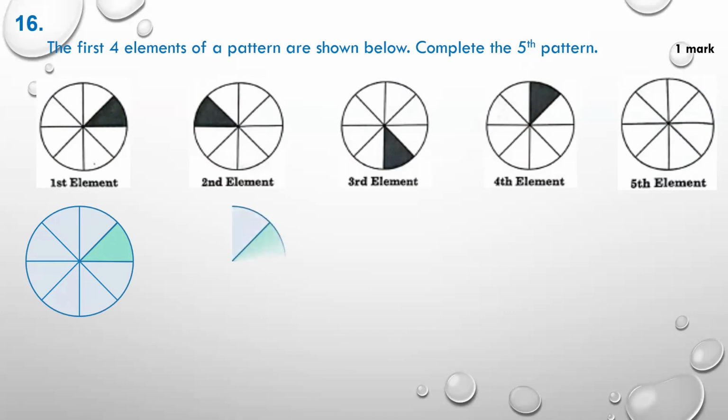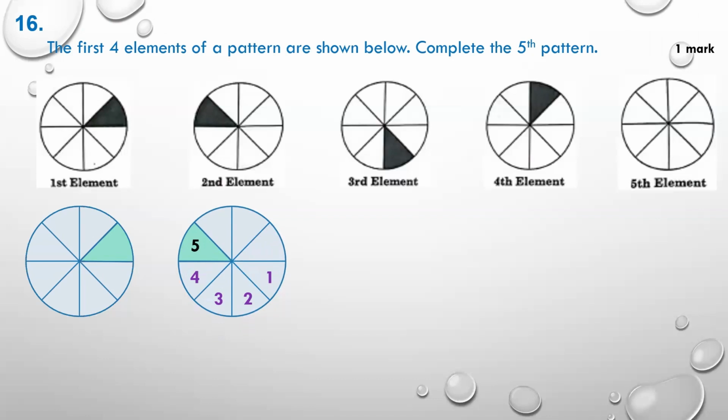And now let's redraw that here and figure out how the first element moved and became the second element. Well, maybe it turned. So it turned 1, 2 parts, 3 parts, 4 parts, 5 parts. So it moved 5 parts in a clockwise direction.